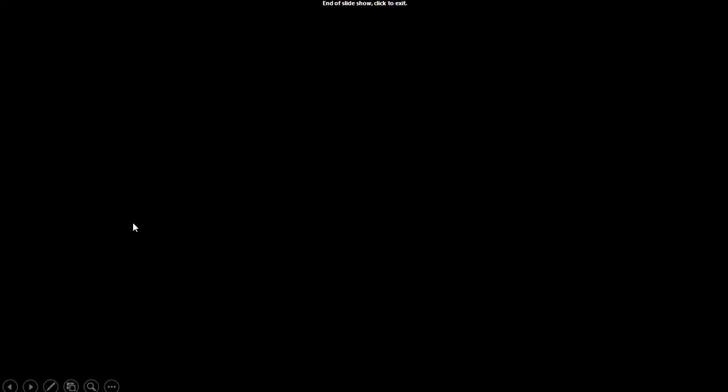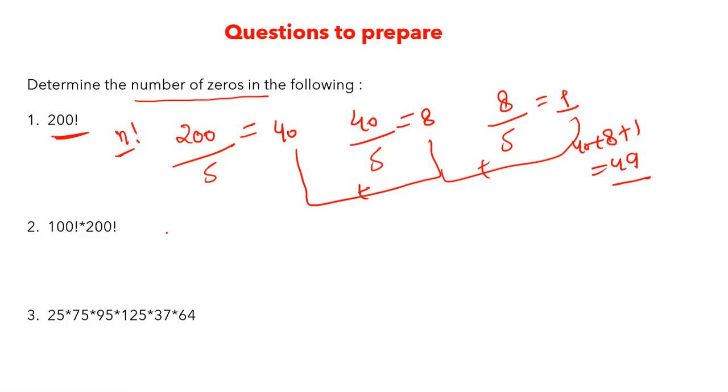Similarly, we have to do the same thing here as well. So 100 factorial, let's take first. 100 divided by 5, we're going to get 20. 20 divided by 5, we are going to get 4. Now 4 cannot be further divided by 5. Can it be? No, right? So the number of zeros in 100 factorial is 24.